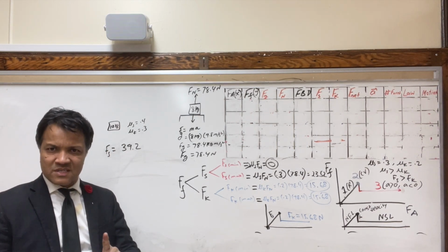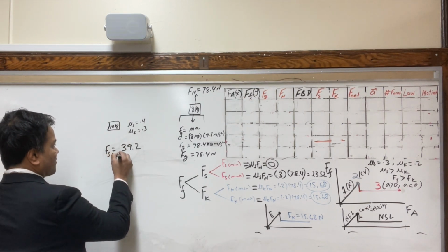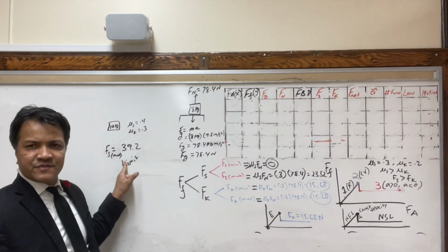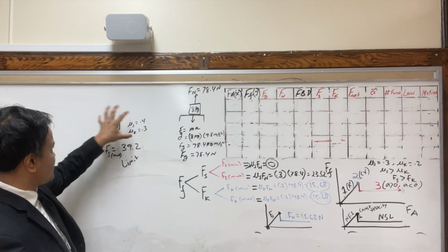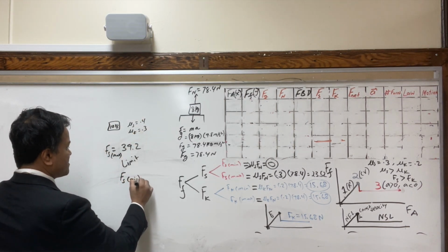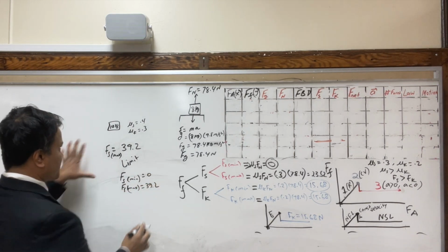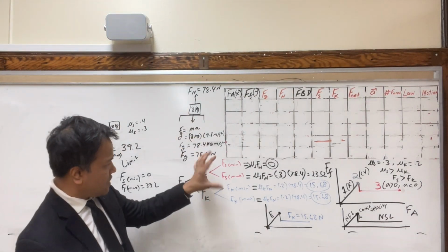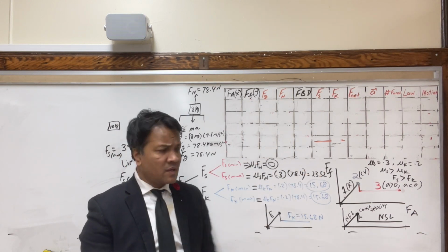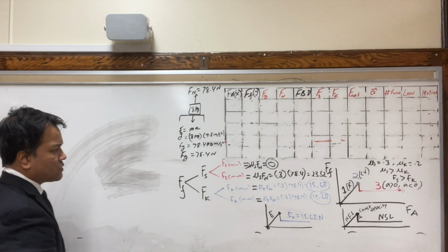But one thing to understand is that there is a limit to the Fs. For this scenario, Fs min would be 0 and Fs max would be 39.2. For the earlier scenario, Fs min is 0, Fs max is 23.52. Okay, so far so good.